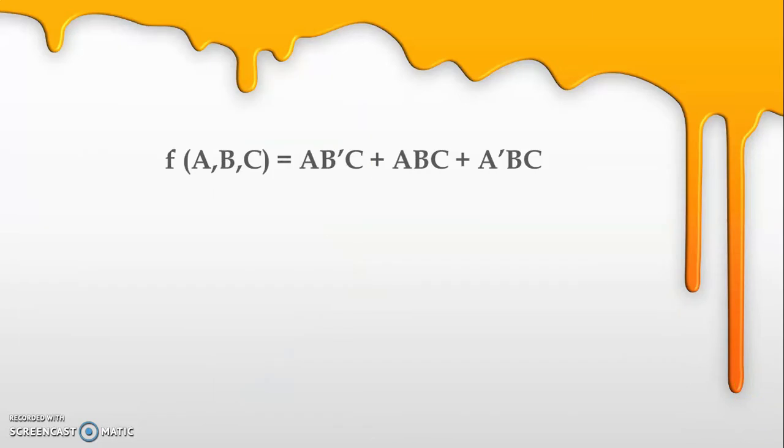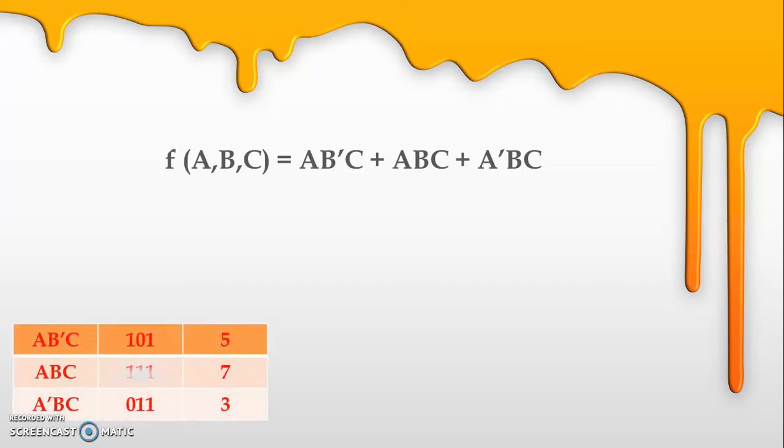Now let us take one Boolean function that is in canonical or standard sum of product form. We have 3 product terms: A, B bar, C. For complemented we take 0, for uncomplemented we take 1.